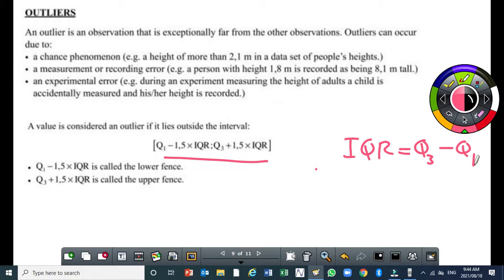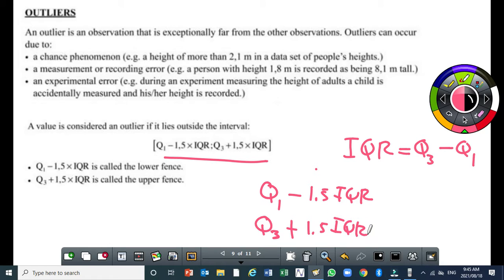If a value is less than Q1 minus 1,5 times IQR, then it's an outlier. Also, if it's more than Q3 plus 1,5 times IQR, it means that it's an outlier. Either it is less than the first value, or it is more than Q3 plus 1,5 times IQR.